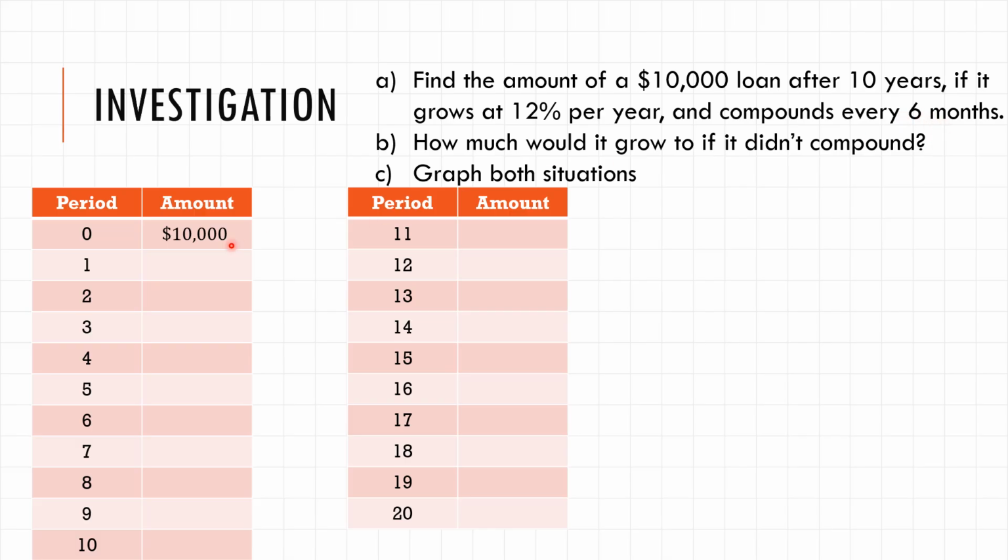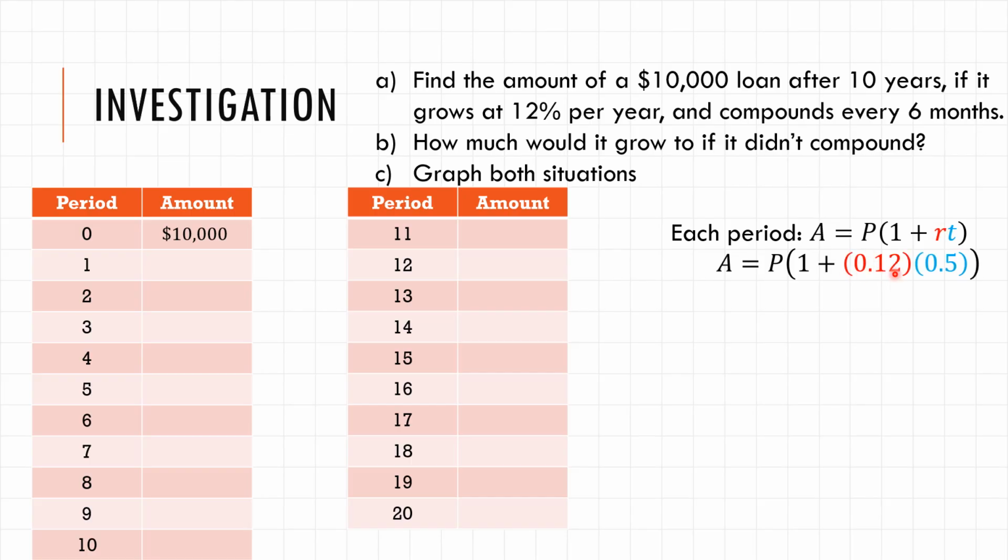So just to help us start off, I'm going to use that idea of simple interest. Each period we take the principal and multiply it by 1 plus RT. The interest rate is 12%. That's R. The term, every 6 months, is not even a full year. How many years is 6 months?